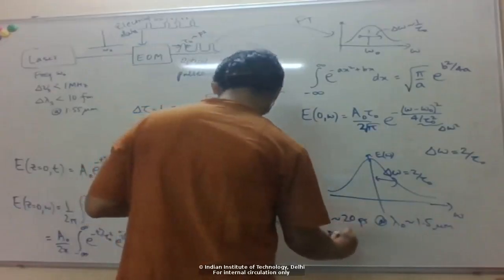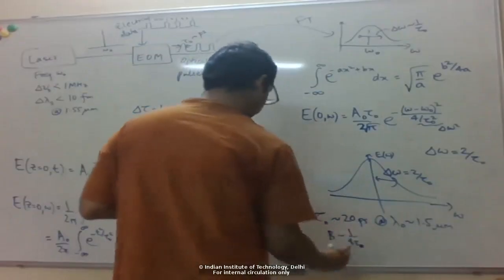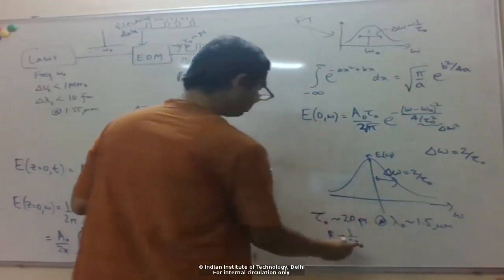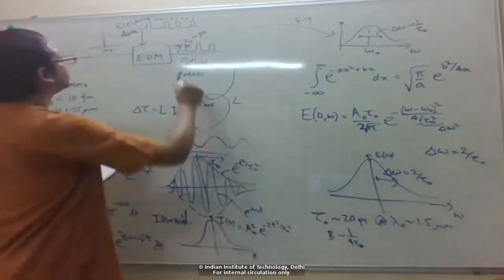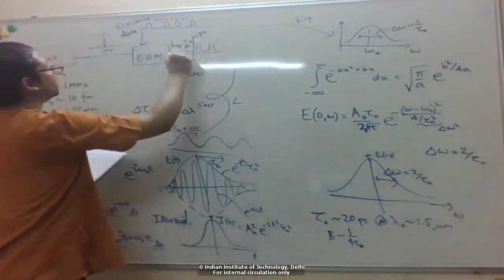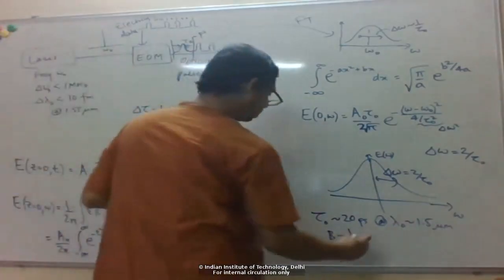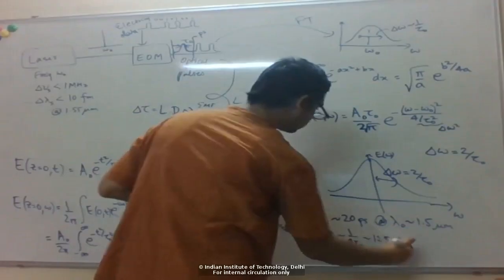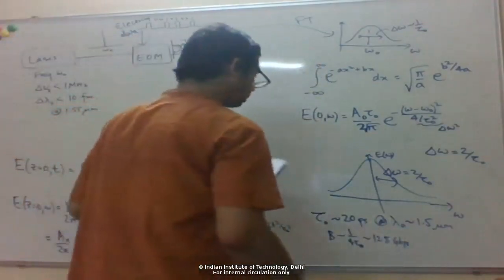Usually the bit rate one can have is roughly 1 by 4 times the pulse width, because we want the bit duration to extend a bit longer than the pulse duration, so that it goes to sort of 0 before the next bit starts. Okay, so you can see this comes out to be about 12.5 Gbps, which is a typical data rate.